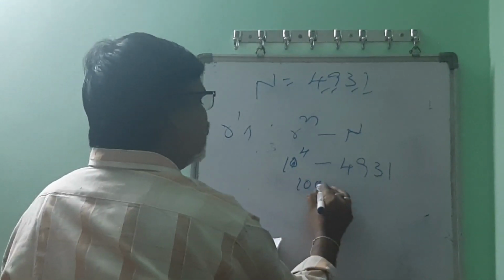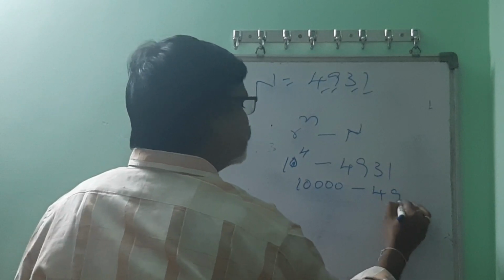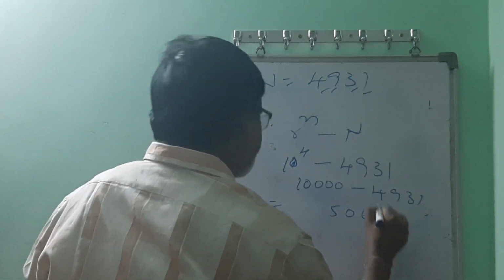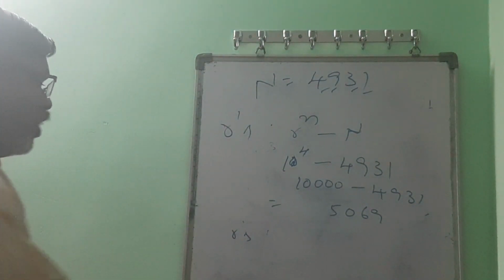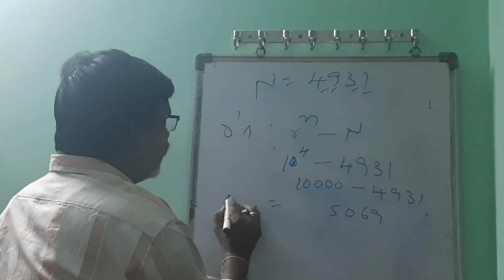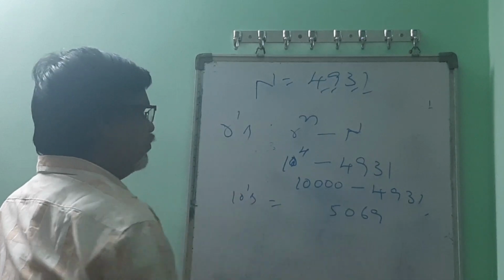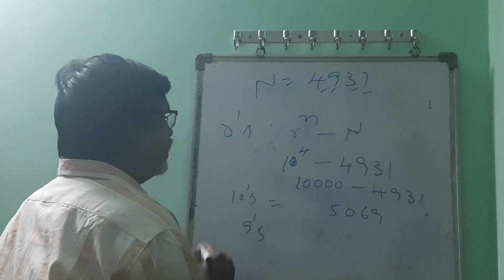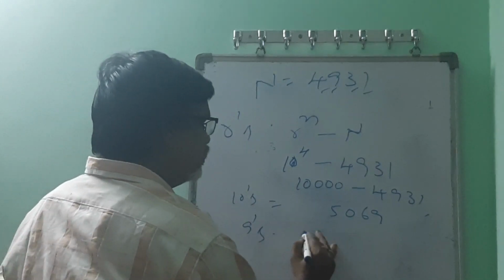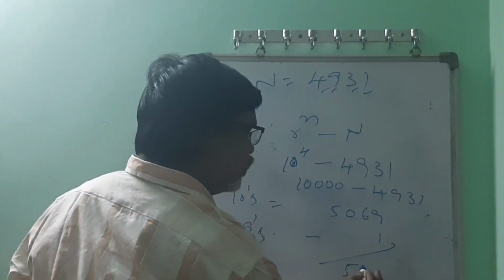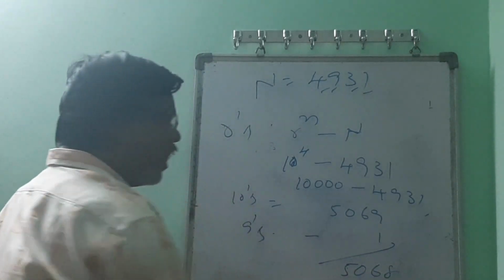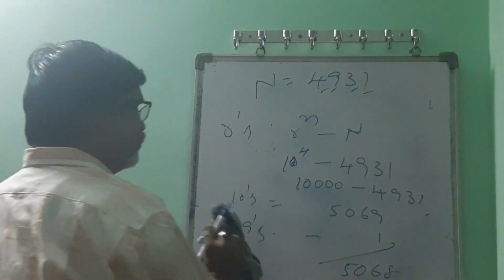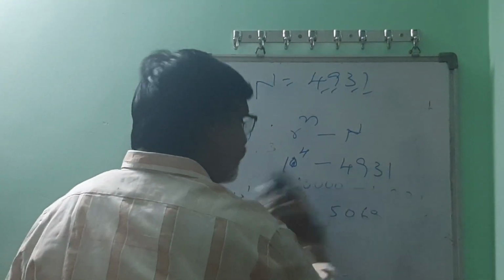So this is 10,000 minus 4931, which is equal to 5069. So this is r's complement. Now, after you calculate the 10's complement, that is r's complement, if you want to go back to calculate the 9's complement, that is r minus 1, just subtract 1 from this and you will get 5068. This is r minus 1's complement. Either way you can do it. Okay, let us take one more example that contains fractional numbers.